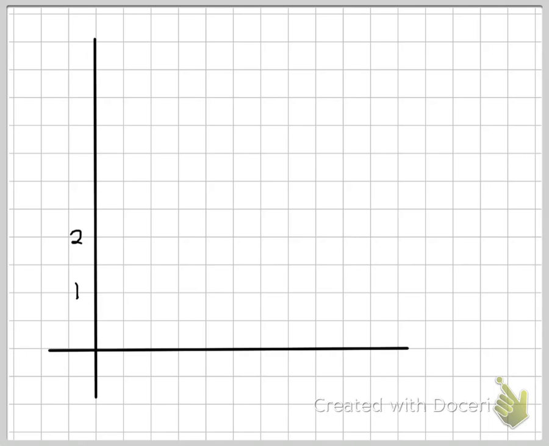Where it says 2, that's 2,000, 3,000, 4,000, 5,000, and so on. Now, the time walking in hours, we don't really need to count by multiple hours. We're just going to number those. That's 1 hour, 2 hours, 3 hours, 4, 5, 6, 7, 8, and so on.